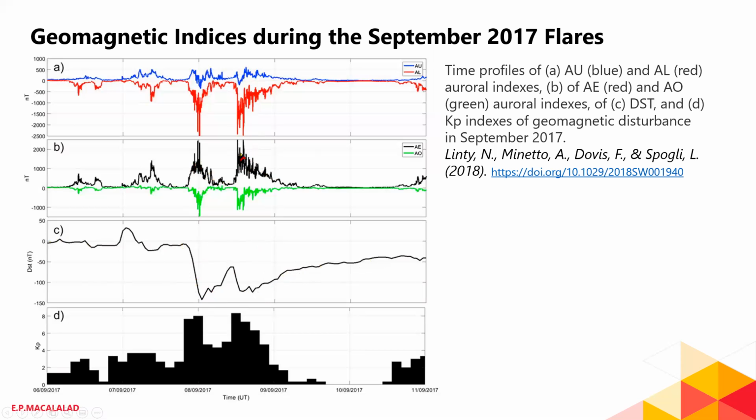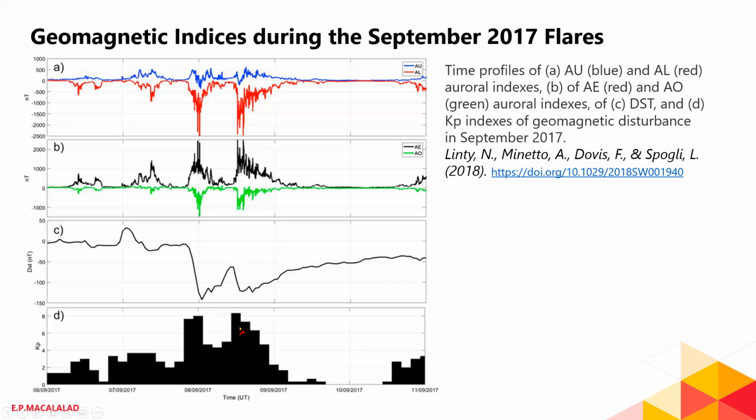Seems to me that there are two geomagnetic storms that happened simultaneously or right after another. And in the KP index, you can see two peaks, one corresponding to this event, and another corresponding to that event. So the AE indices, the DST index, and the KP index actually correlate very well.